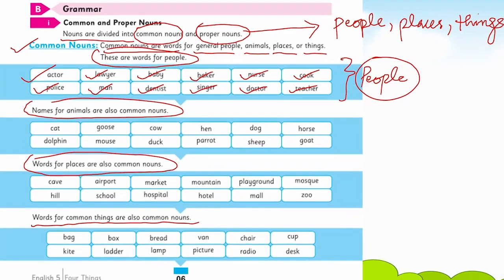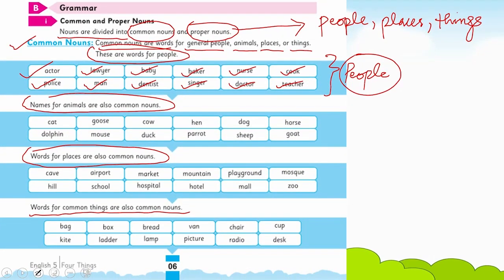No one is specified. For example, Dr. Aslam. Now Aslam is what? Aslam is a proper noun, but doctor is not specified to any person. That is why doctor is a general term. In the same way, actor, lawyer, baby, they all are generally used for people.